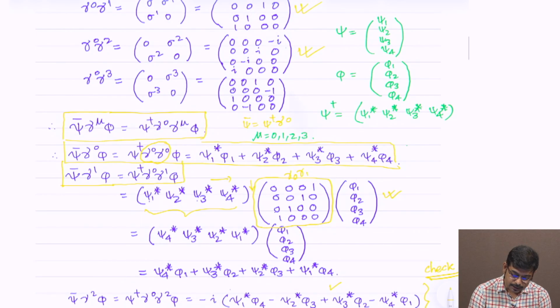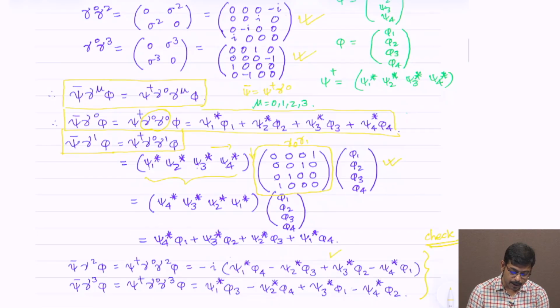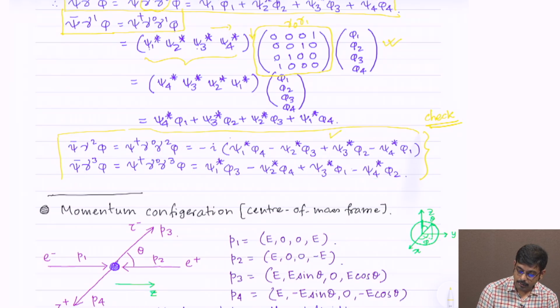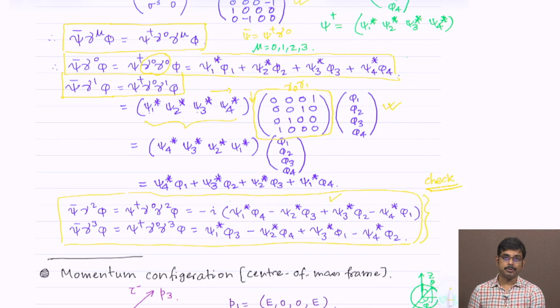Once again, using the explicit matrix form of gamma 0 gamma 3, you can find that this turns out to be psi 1 star phi 3 minus psi 2 star phi 4 plus psi 3 star phi 1 minus psi 4 star phi 2. Okay? So, you can check this. In this process we have actually calculated all the components of the current psi bar gamma mu phi, where mu can take values 0, 1, 2, 3.